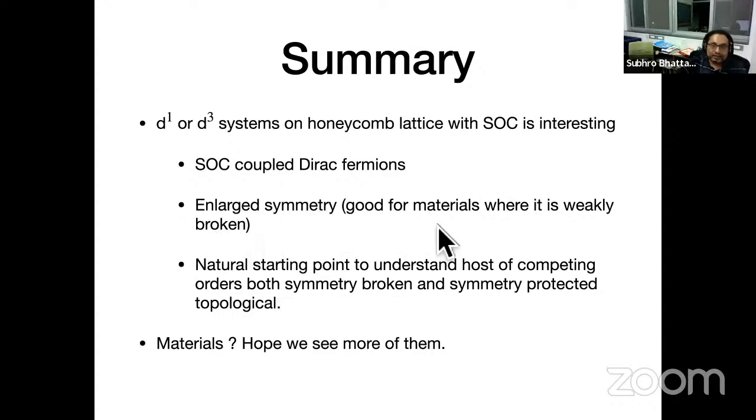And I can tell you some things where some of these symmetries are weakly broken at the high energy level. This provides a natural starting point to investigate a large class of problems. And hopefully we see more materials for these class of theories. Okay, so with that, thank you for your attention, and I'll be happy to take questions.